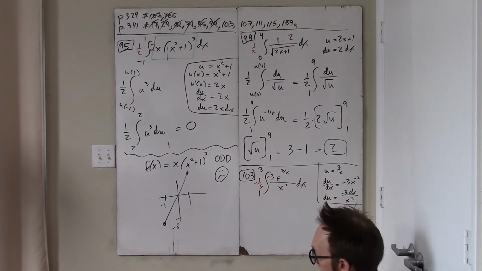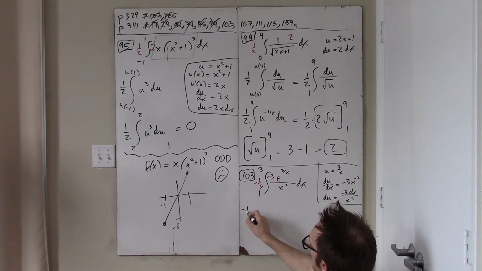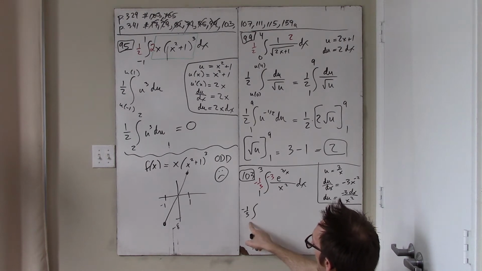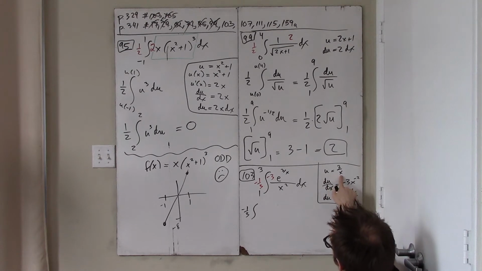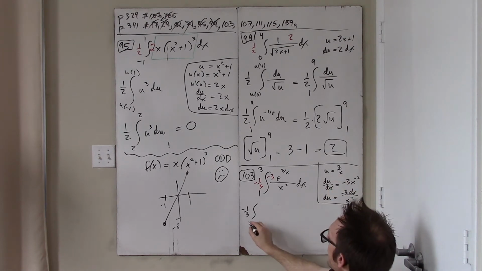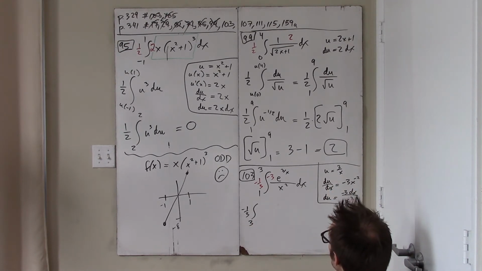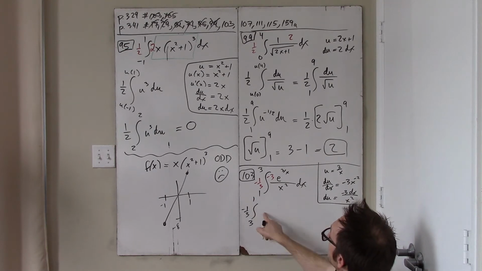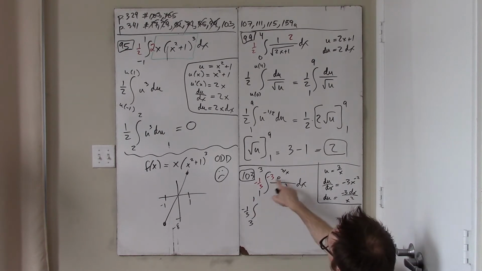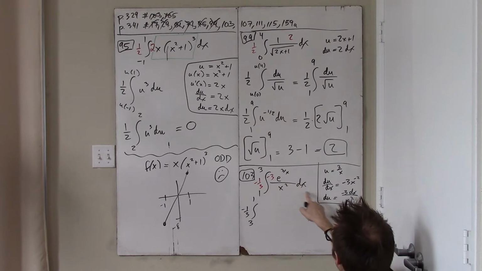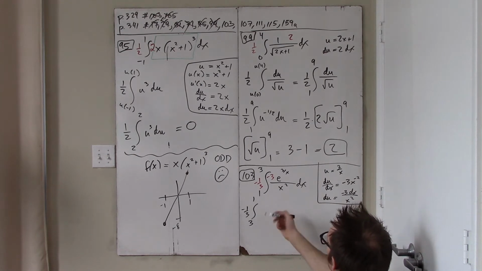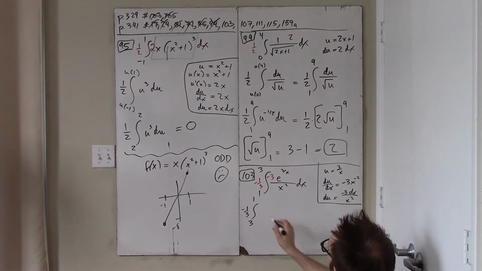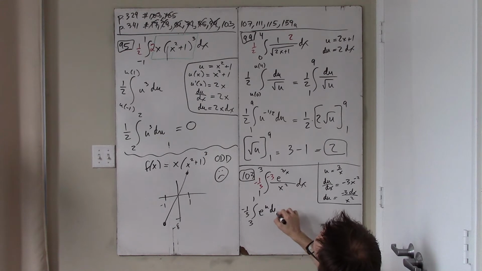negative 1/3. Which means I have negative 1/3 integral from, but now that's not 1 anymore, because when x is 1, u is 3, and when x is 3, u is 1, of negative 3 e to the 3 over x dx, so this just becomes e to the u du.